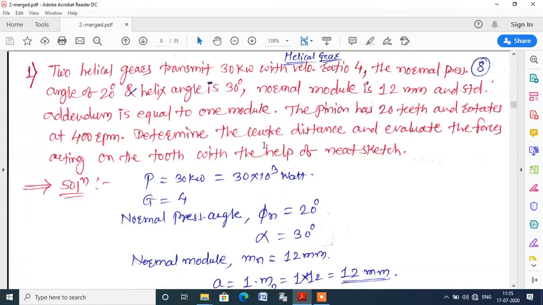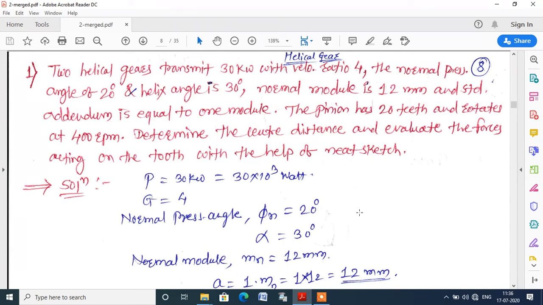In the numerical it is mentioned: two helical gears transmit 30 kilowatt power with velocity ratio 4. The normal pressure angle is 20 degrees and the helix angle is 30 degrees. Normal module is 12 mm and standard addendum is equal to 1 module. The pinion has 20 teeth and rotates at 400 rpm. Determine the center distance and evaluate the forces acting on the tooth with the help of a neat sketch.